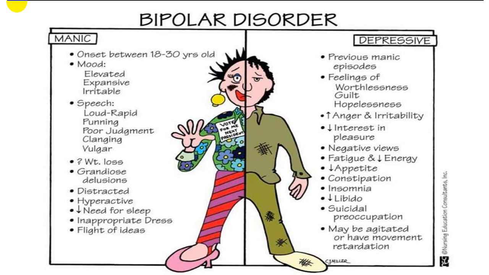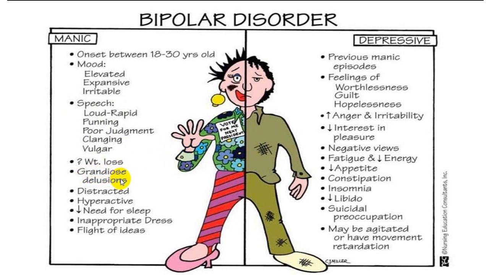In bipolar disorder, as I said, there are two phases: manic and depressive. This is the manic phase. In the manic phase, onset is between 18 to 30 years old, the mood is elevated, expansive, and irritable. The speech is loud, rapid, punning, with poor judgment, clanging, and vulgar. Weight is lost because the person has no time to rest.